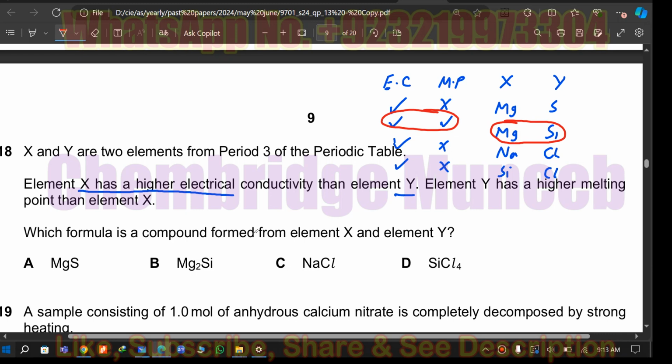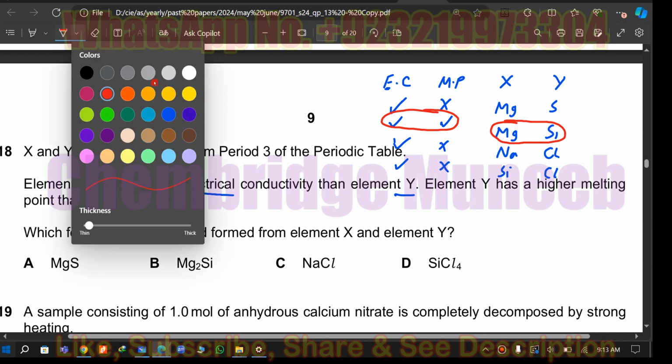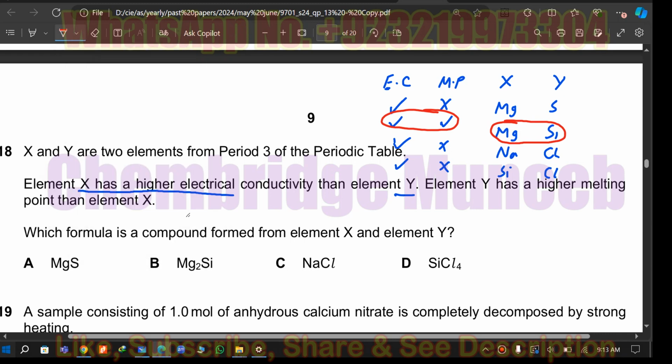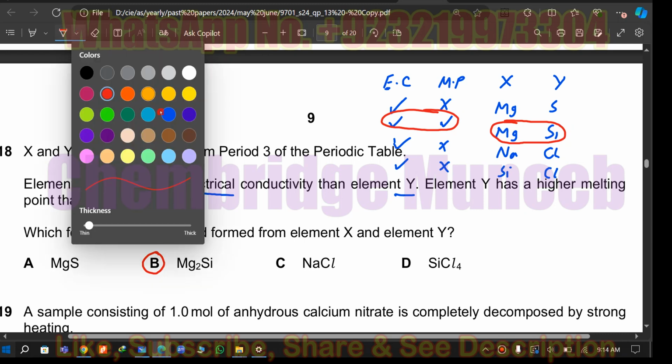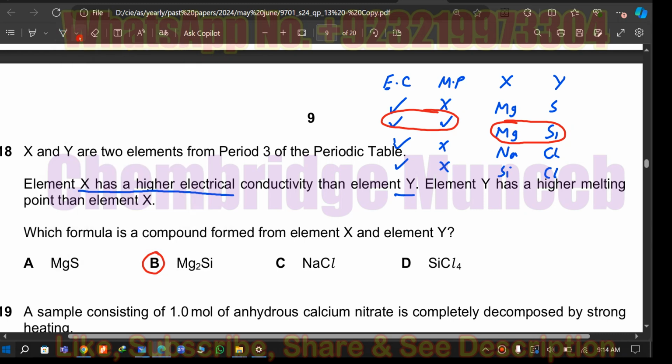Now according to this, we do not need the formula because there is just one single option in which there is a combination of magnesium and silicon. However, we can also derive this formula. For this purpose, we should know their charges. Magnesium is present in group number 2, so it has +2 charge. If it is plus, then silicon will definitely be -4.